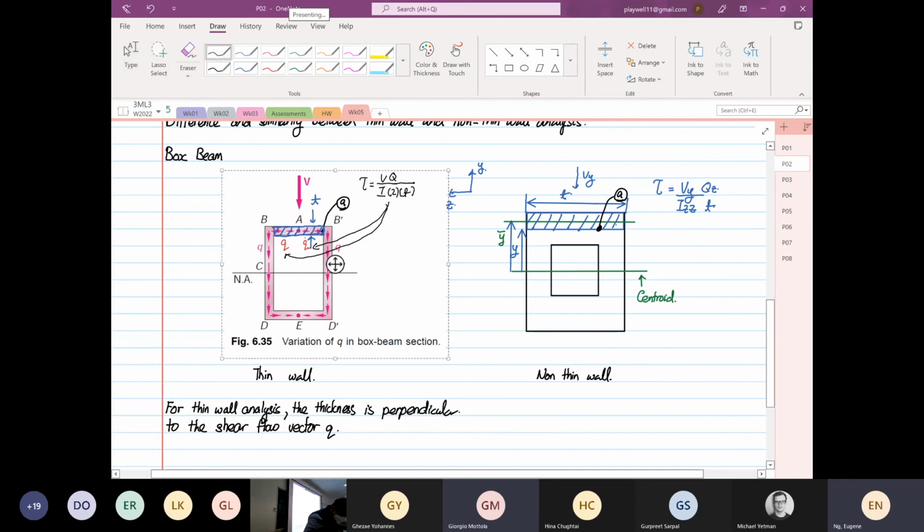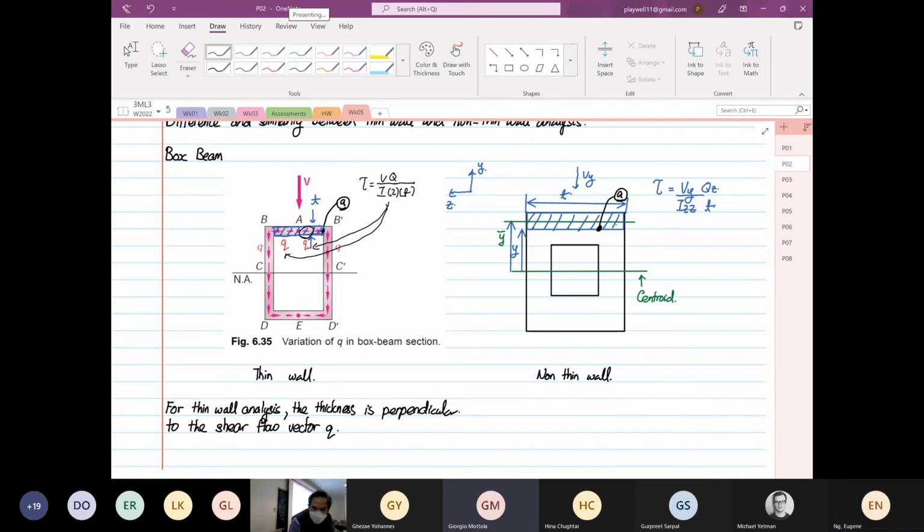It is relative to the shear flow Q. So the shear flow is horizontal, right? The thickness is perpendicular. Does that make sense, Taranpreet? Yes, good. Okay, you have to be clear on all this.